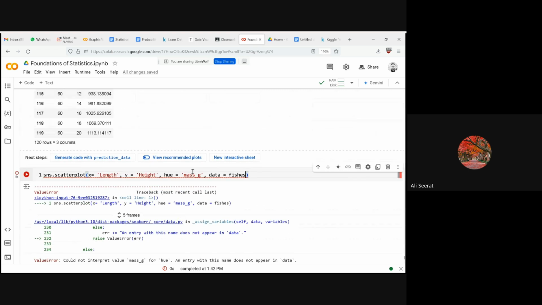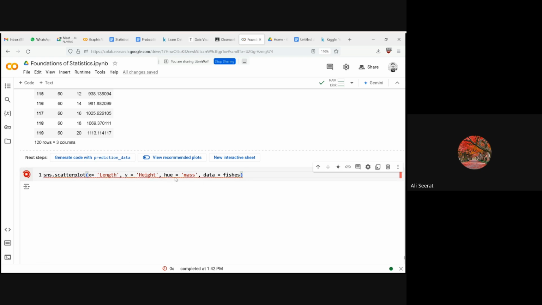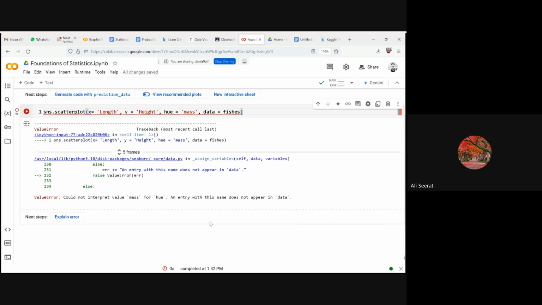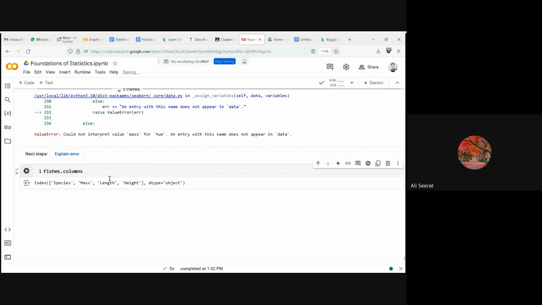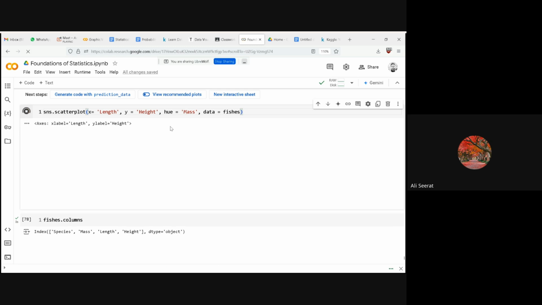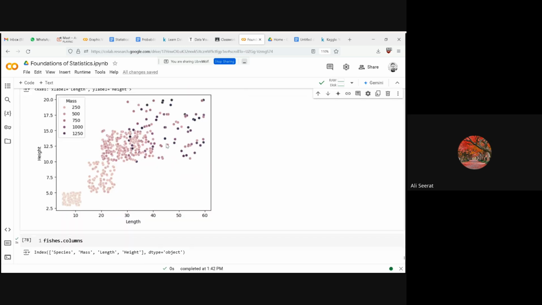Again, problem with the mass. I think it's capital M, yeah. This is the scatter plot for the original data that we had.